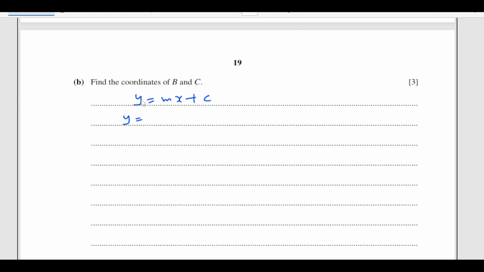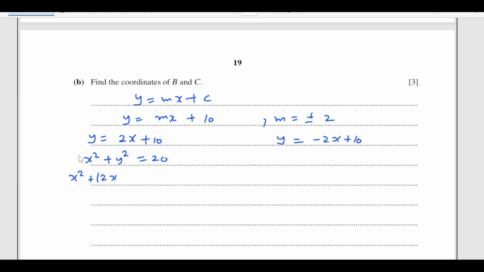As we got this value of m is plus minus 2, we have two equations, one is 2x plus 10, another one is minus 2x plus 10. Okay, so we will substitute these values into x squared plus y squared equals 20. So it is going to be x squared plus (2x plus 10) squared equals 20.